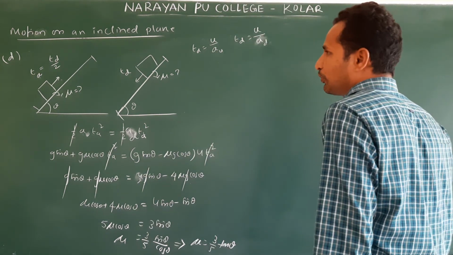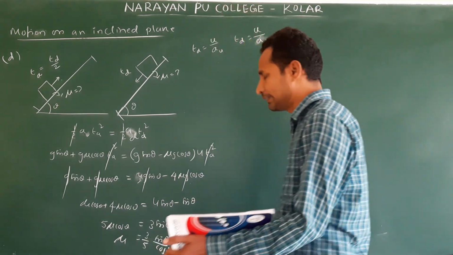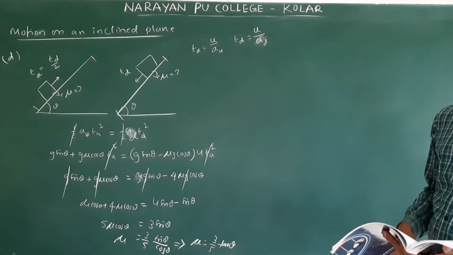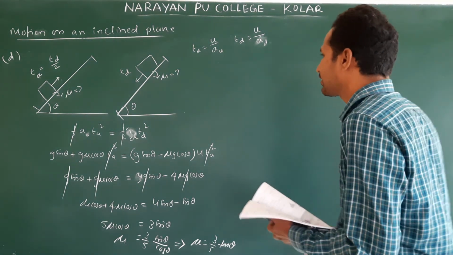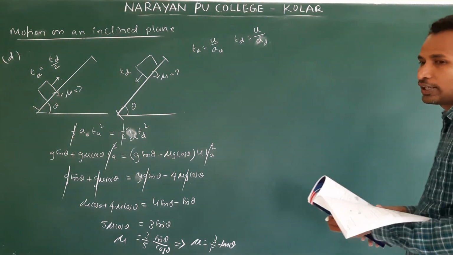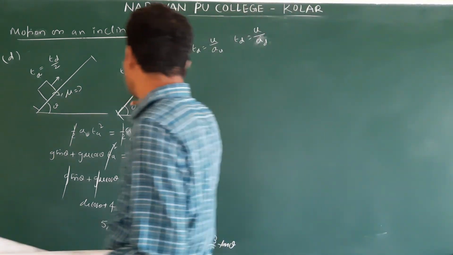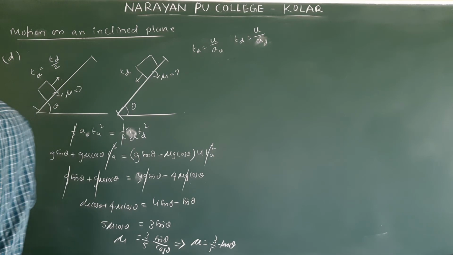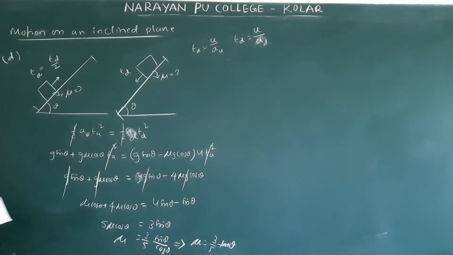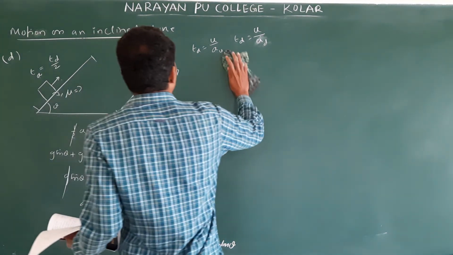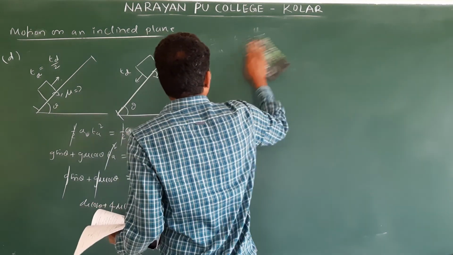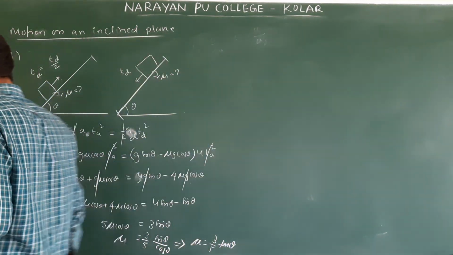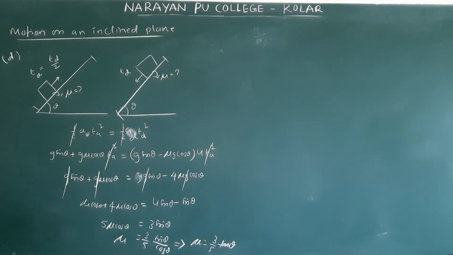Probably not. So you better select this option only. If you do that, we don't get it, because acceleration is not the same down the plane and up the plane. But in this case, the length remains the same, so we can equate. I will try, and if I get it, I will explain.